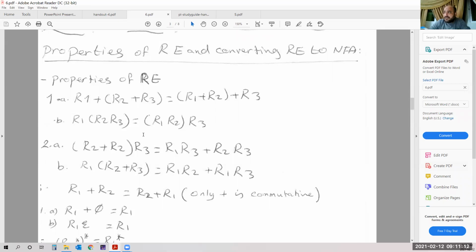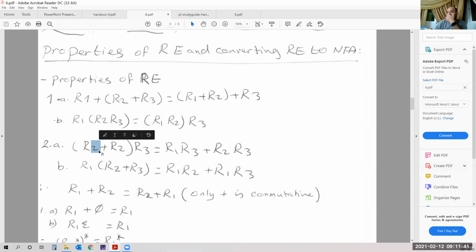R1, the first property: R1 union (R2 union R3) is the same as (R1 union R2) union R3. R1 concatenated with (R2 concatenated with R3) is the same as concatenating R1 and R2, then concatenating that with R3.